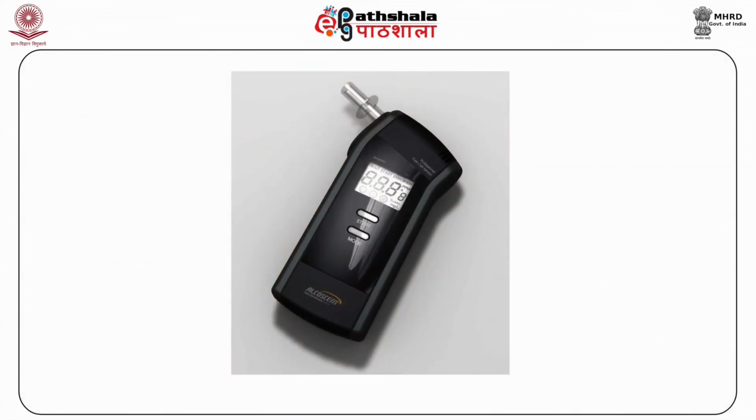This gave rise to the need for an instrument which could overcome this problem. Breath alcohol testing devices serve a very useful purpose as they use a sample which is easily obtainable, along with a rapid and accurate result.